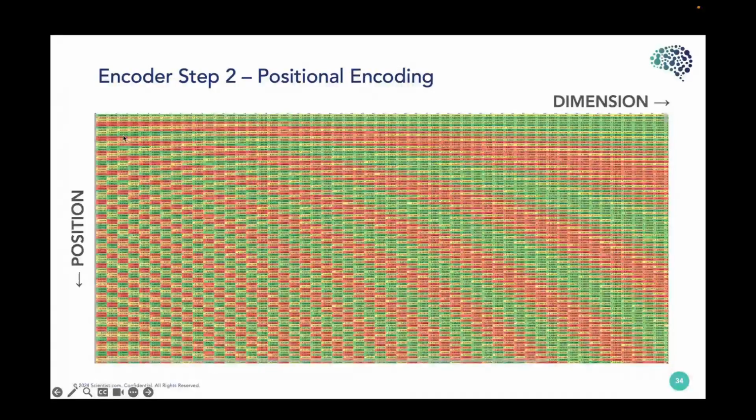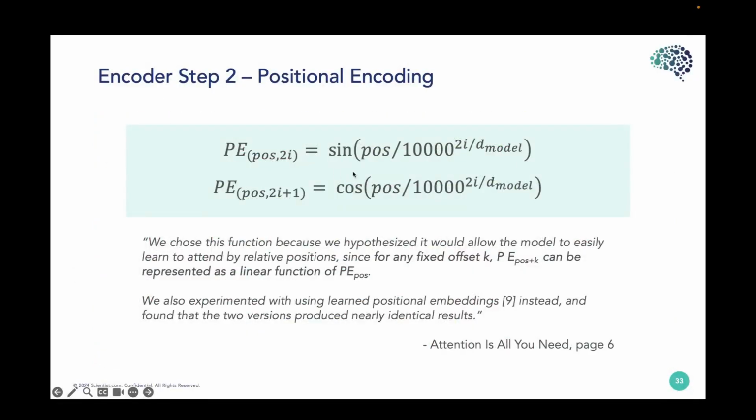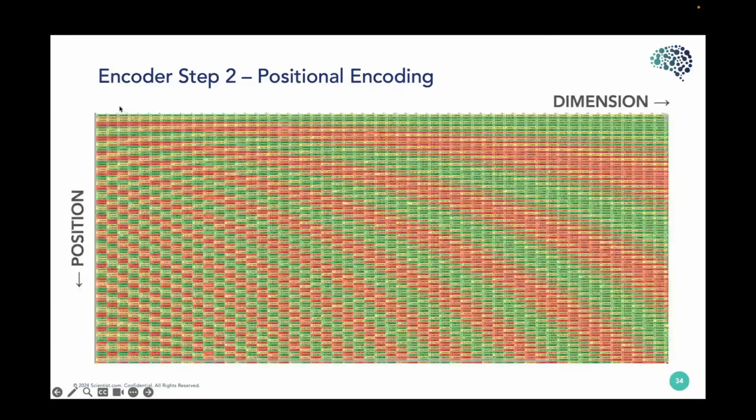What's happening is those methods, or these functions, generate this matrix. And this matrix adds a little tiny offset in every dimension for every position. But every position has a slightly different set of offsets. What that means is you're taking every vector and moving it a little bit in space.